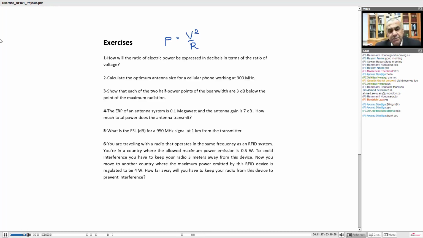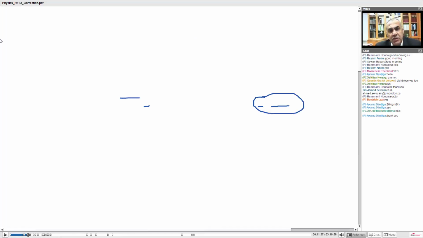Okay. Now, we spoke about the antenna size. For example, we have a cell phone working at 900 megahertz as working frequency. What is the size of the corresponding antenna? This is very easy to calculate.